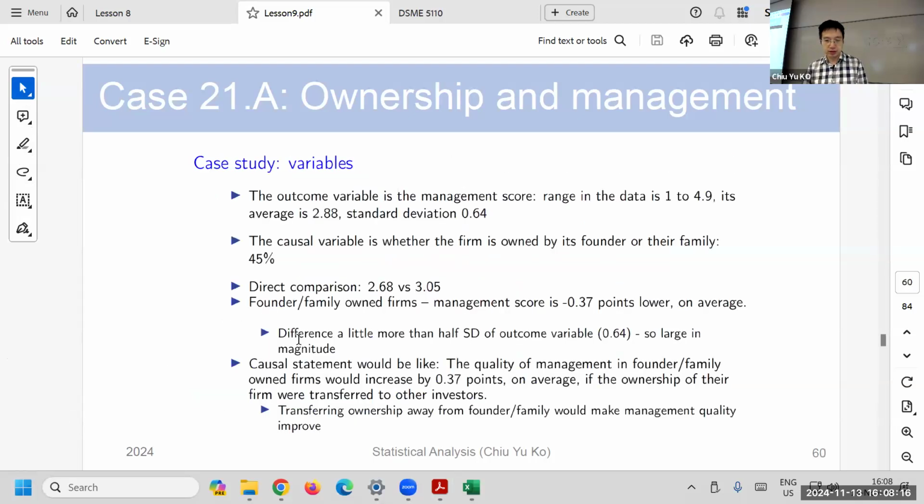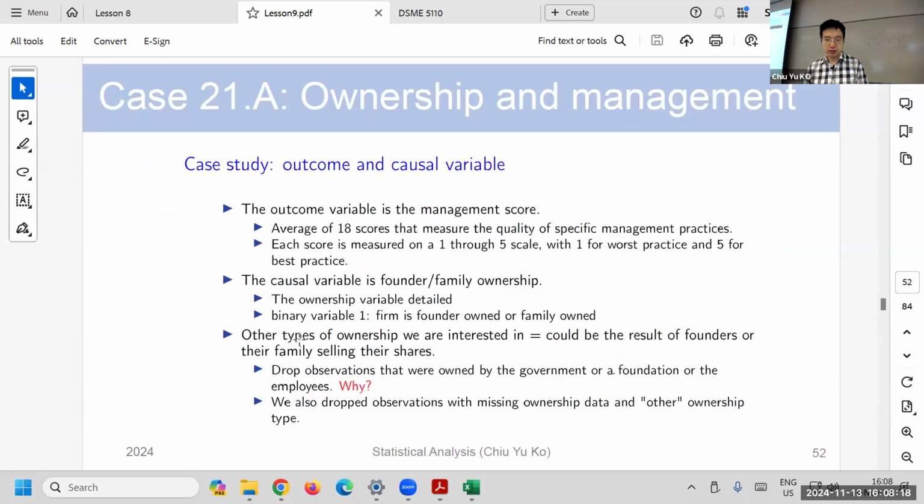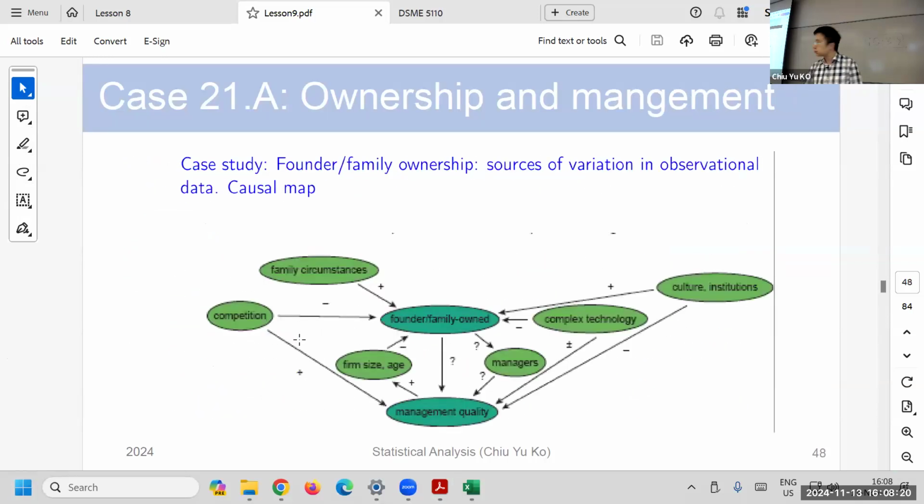So that is why we have to control for those. Look at the graph again. These affect them both. If you just include this, you get 0.34. You are telling that having an owner drops management quality by 0.34, right?